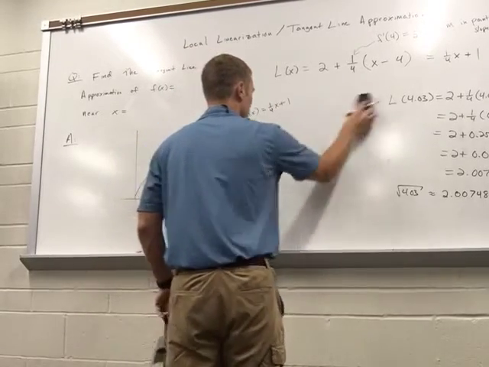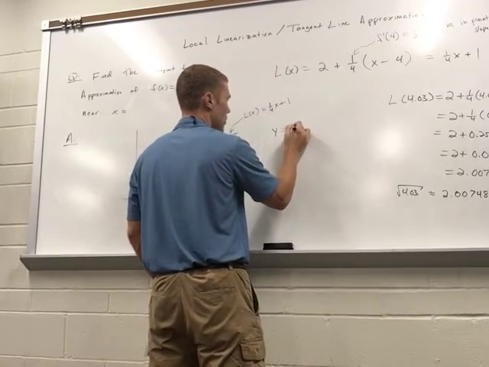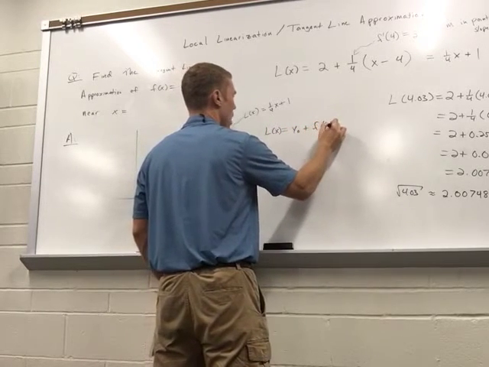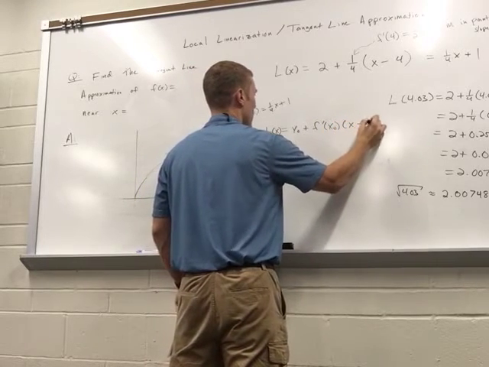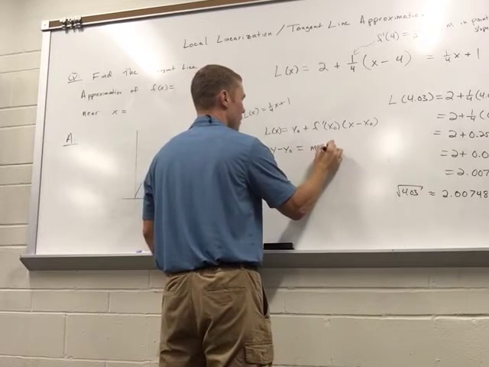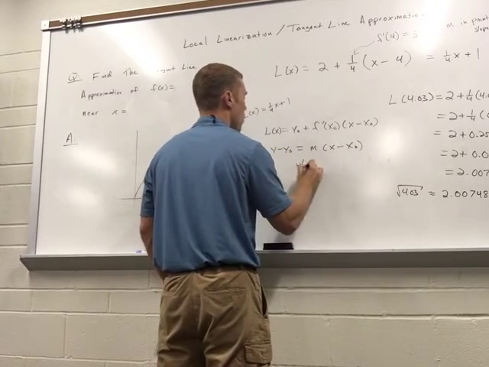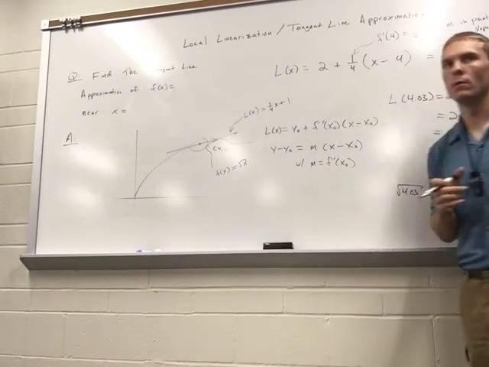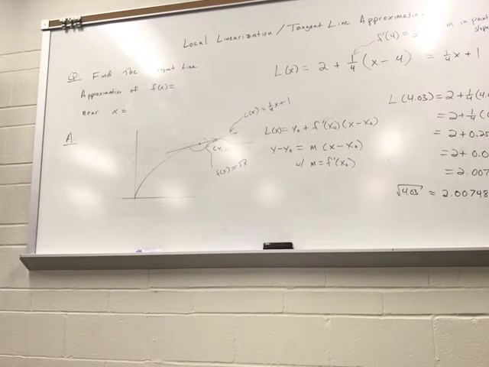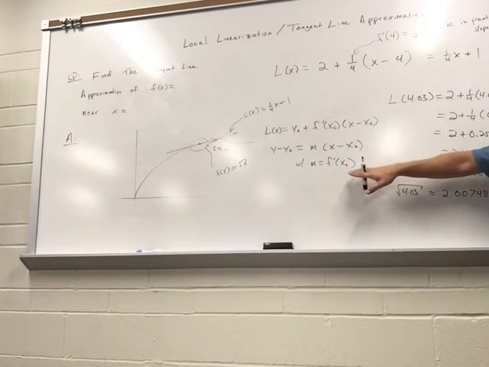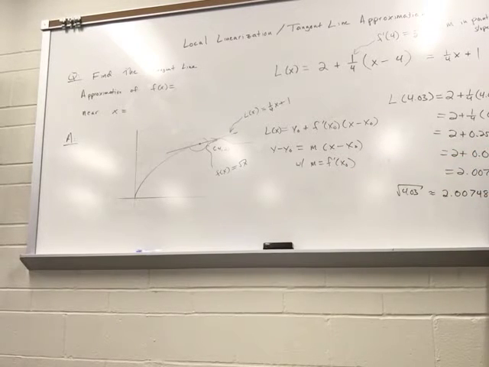The formula that I've given you is that L of x equals y naught plus f prime of x naught times x minus x naught. It can be thought of simply as y minus y naught equals m times x minus x naught, with m equaling the known derivative. But again, the biggest mistake people make is leaving this in terms of a function and not a number. This needs to be a slope and not a derivative function. If that makes sense.